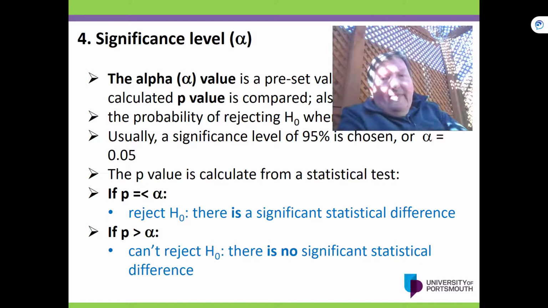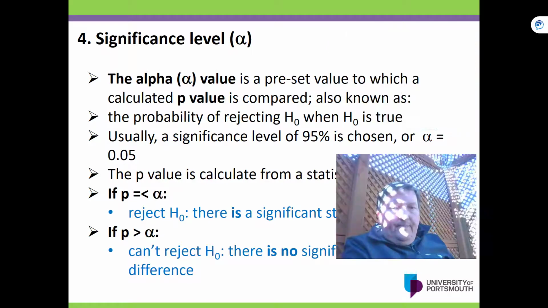Another factor to consider is the alpha value. This is what's known as the significance level. The alpha value is a preset value to which the calculated p-value is compared. So it's also known as the probability of rejecting H0 when H0 is true. So usually the significance level chosen is 95%, or an alpha of 0.05.